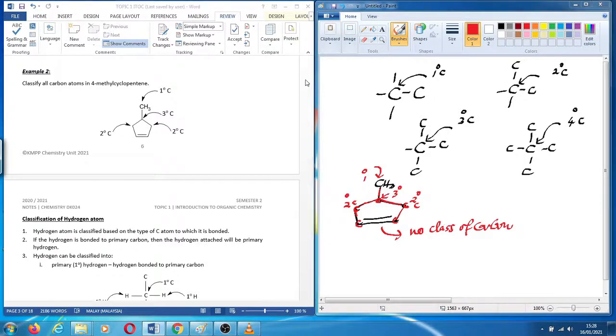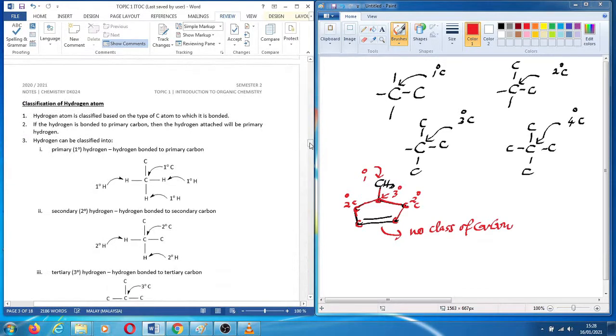And then the third one is about classification of hydrogen atom. Hydrogen atom is classified based on the type of carbon atom to which it's bonded. It means if you have primary carbon, the hydrogen will be primary hydrogen.